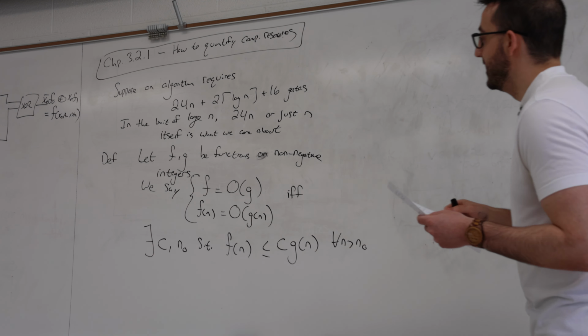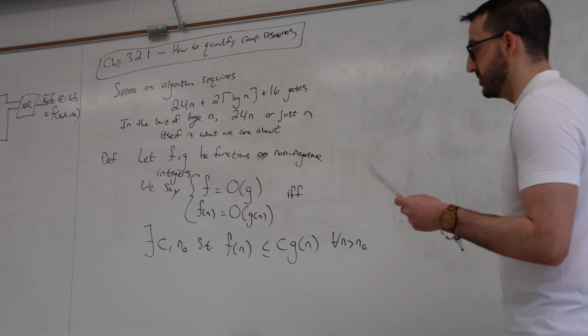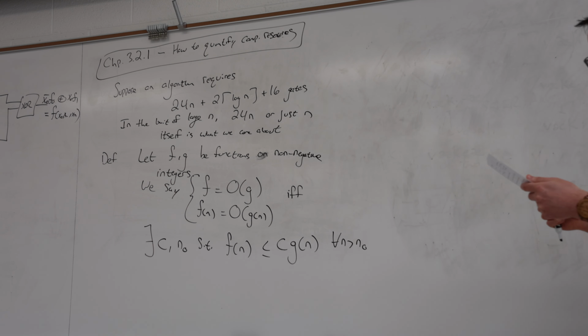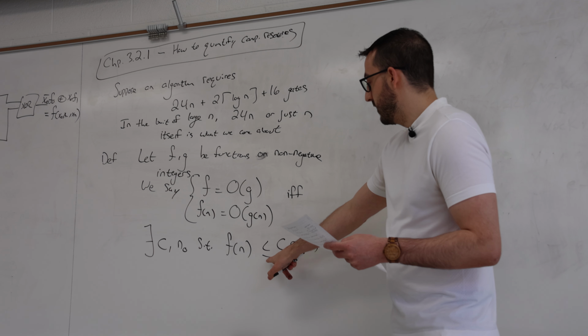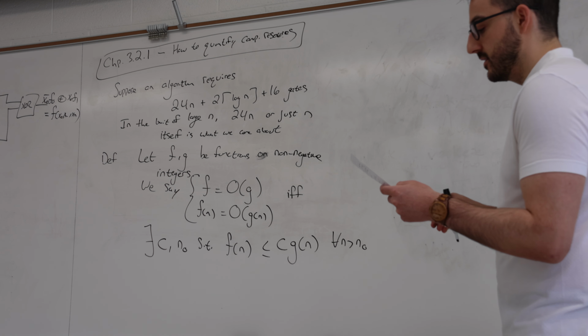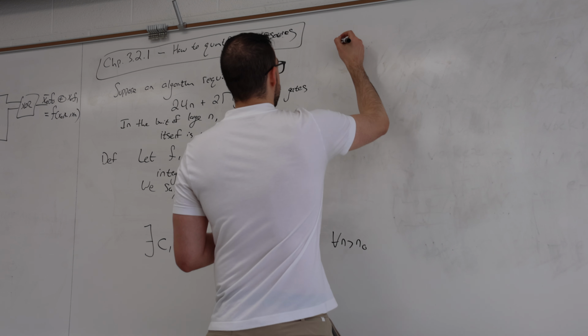But in terms of classical computer science, this is what we use, and so that carries over into quantum information science. So this is our formal notion of one function being less than or equal to another function. We'll also have greater than or equal to, and that will be big omega.